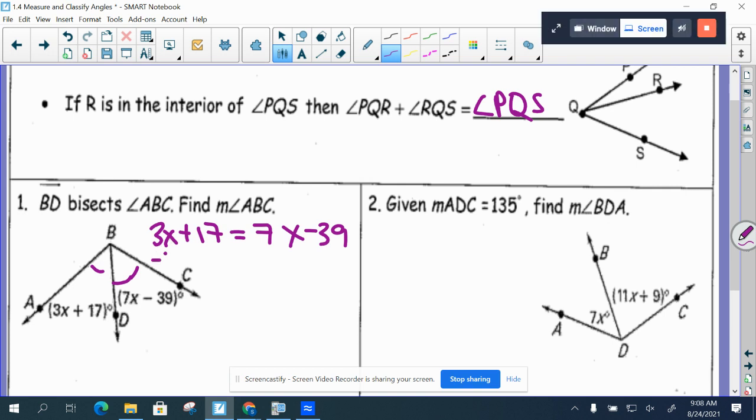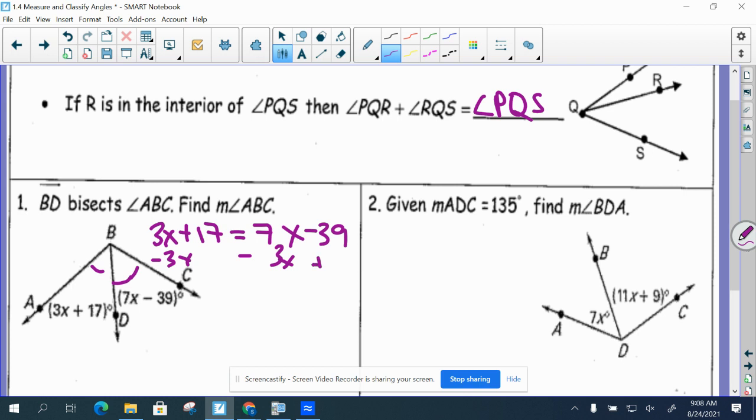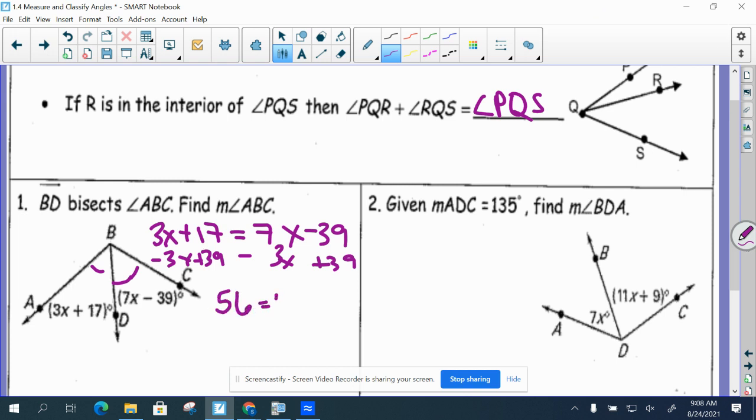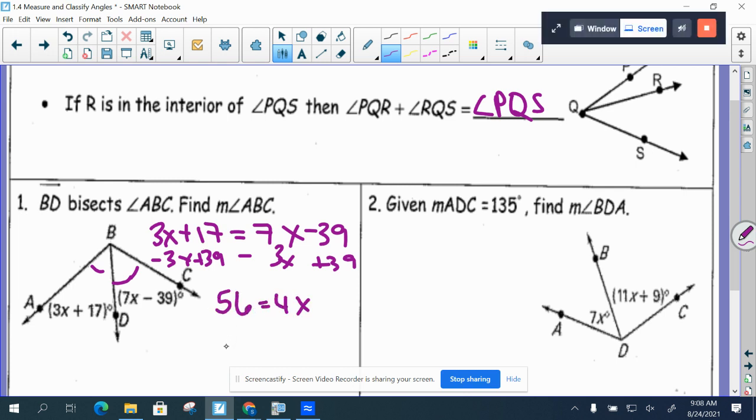We're gonna subtract 3x, add 39. Equals 4x. So x equals 14.